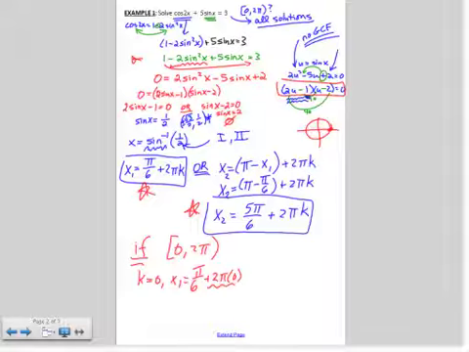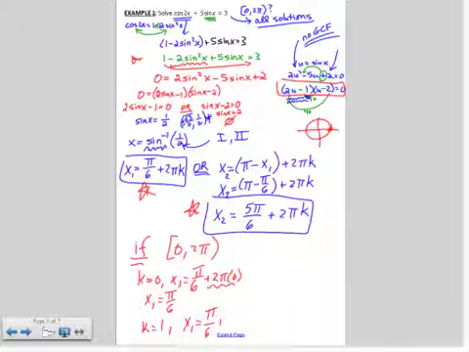So if k is equal to 0, x1 equals pi over 6. Okay, if k equals 1, what do you have? x1 equals pi over 6 plus 2 times pi times 1, which is 2 pi. Well, guess what? That is out of the interval that we established. So I would not have to do anything with that. I would be done. Okay?